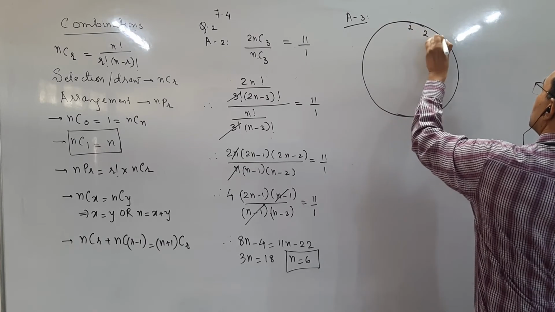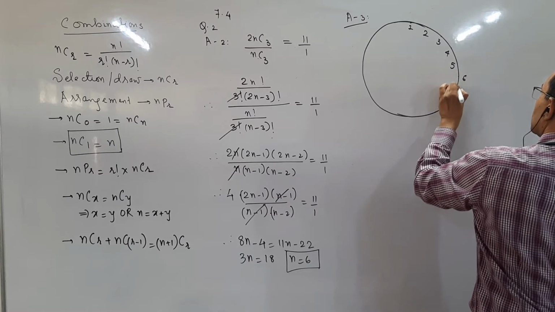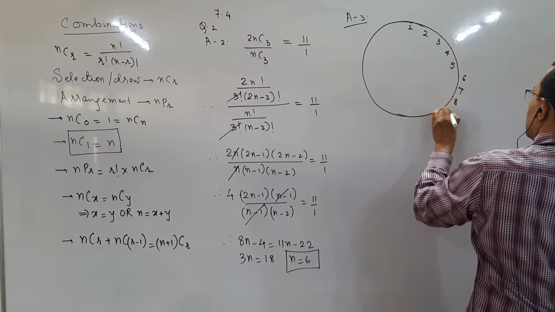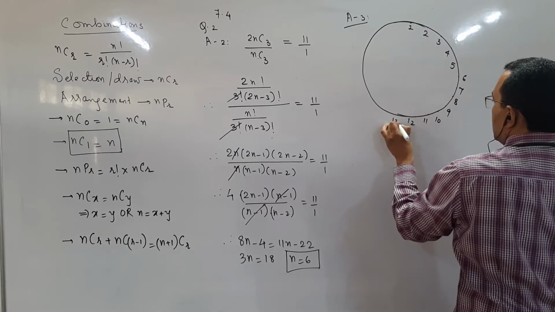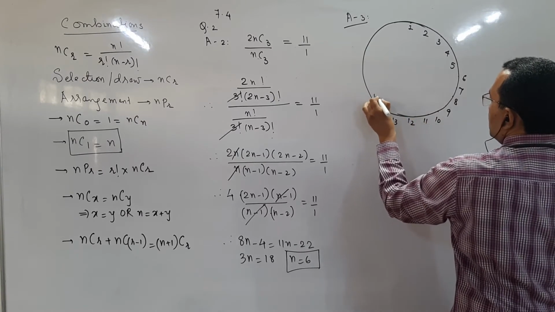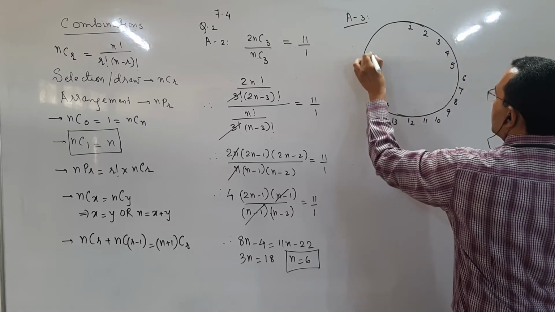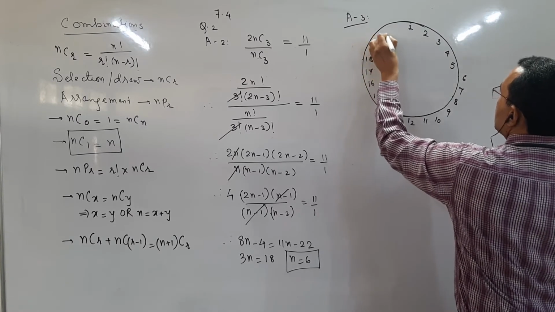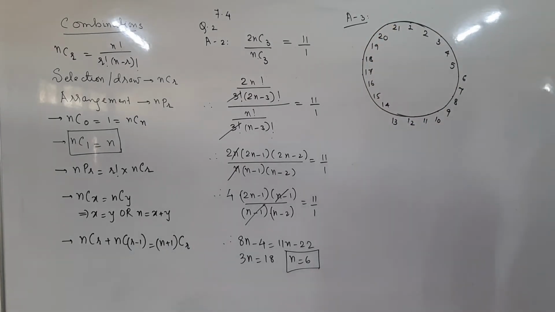Say 1, 2, 3, 4, 5, 6, 7, 8, 9, 10, 11, 12, 13, 14, 15, 16, 17, 18, 19, 20, so 21. Now, what is told? How many chords can be drawn through 21 distinct points on a circle?